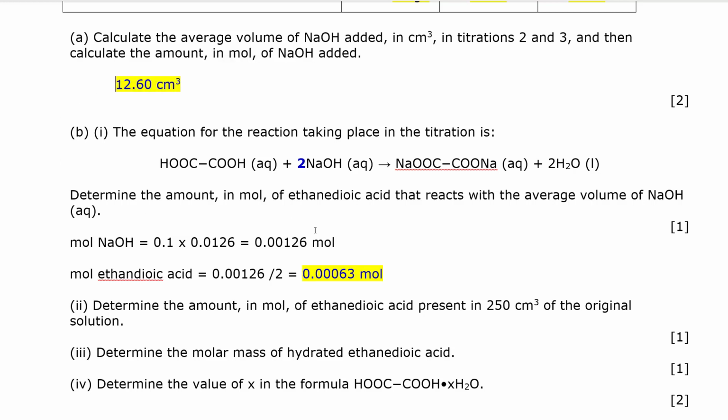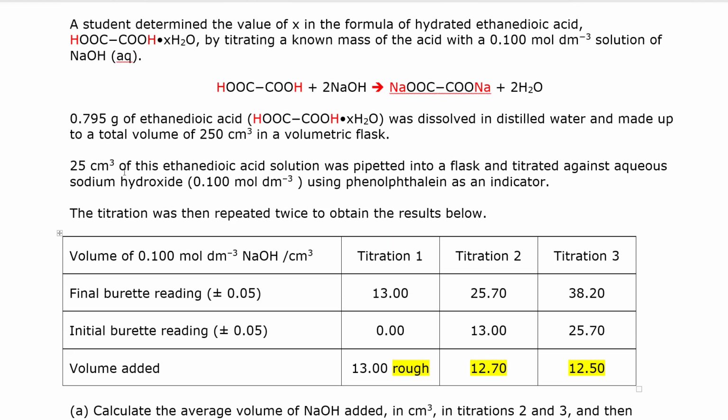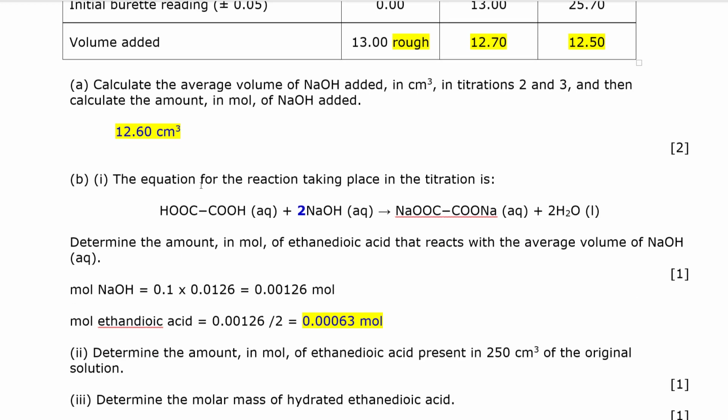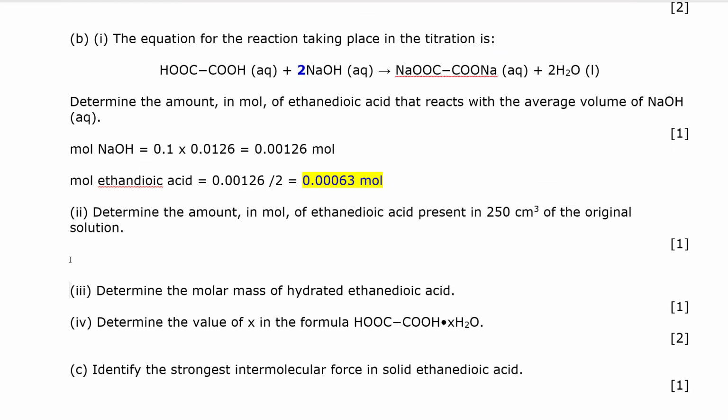These are our answers as we go through. Right, so okay, now this was in a 25. If you look at the work here, it says 25 centimeter cubed of ethandioic acid was pipetted into a flask. So we did the titration with 25 centimeter cubed. Now this part of the question says determine the amount in moles in 250. Well, the relationship between 25 and 250 is 10.